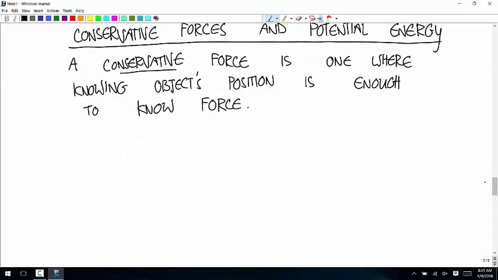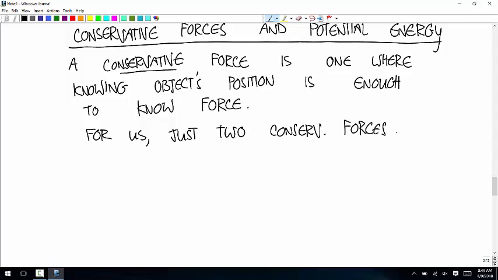We're going to deal in this class with two conservative forces. So there's just two conservative forces. Those are the weight, force applied by gravity, and forces applied by springs.